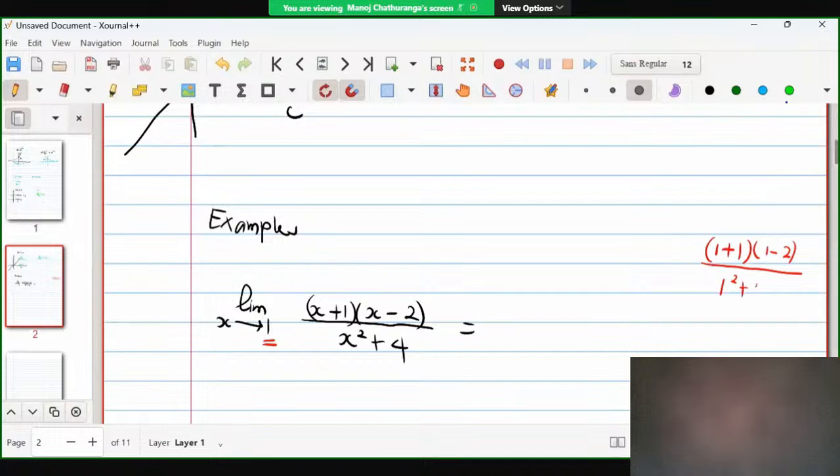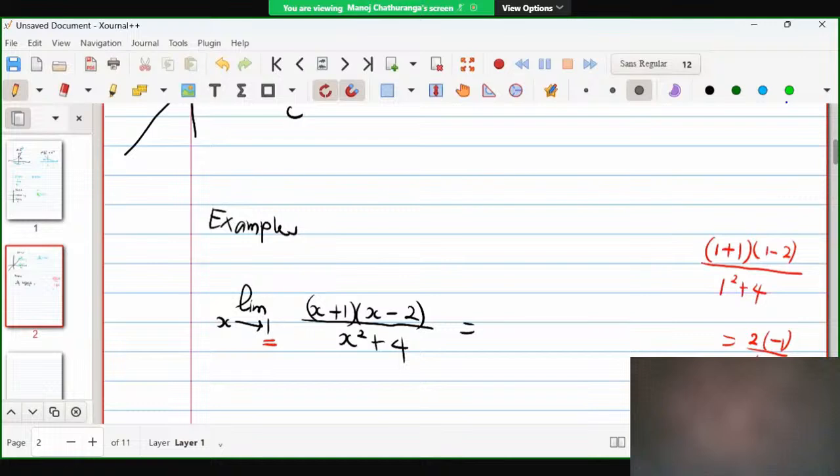This is like a secret computation. We don't show it to anyone. So we get 2 times minus 1 divided by 5, which is minus 2 divided by 5.